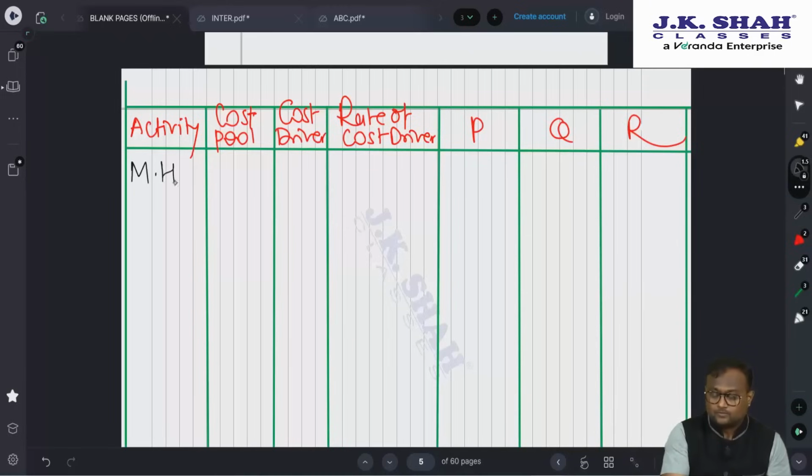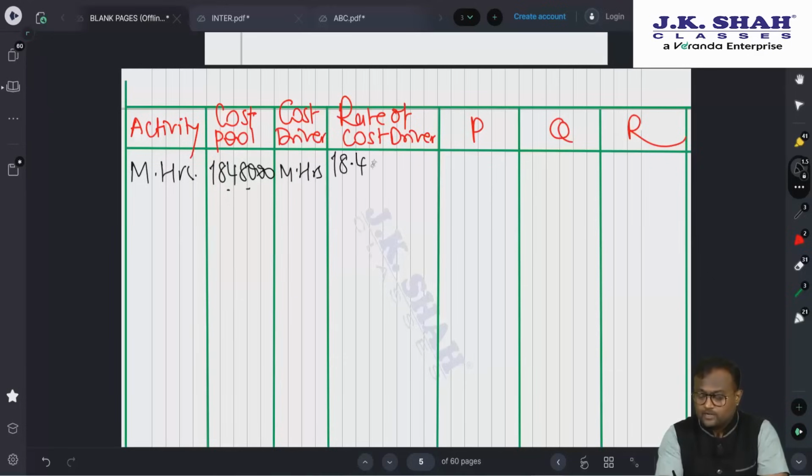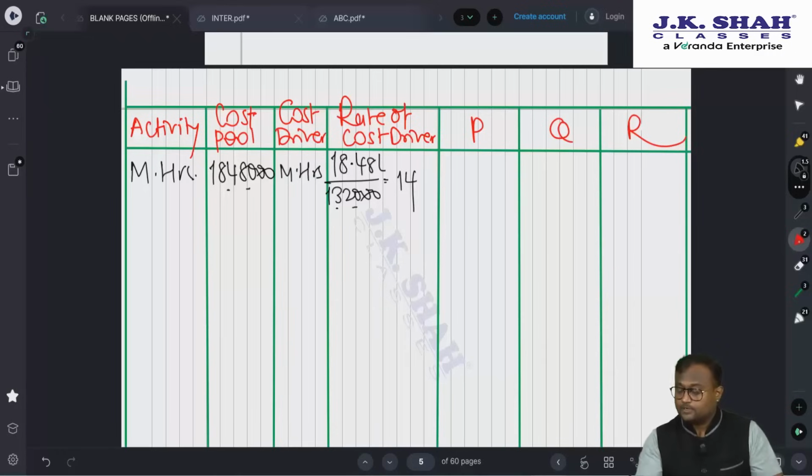So you have machine overheads of 18,48,000. Naturally, machine hours will be the base. So 18.48 lakhs divided by 1,32,000 gives 14 rupees per machine hour as the cost.